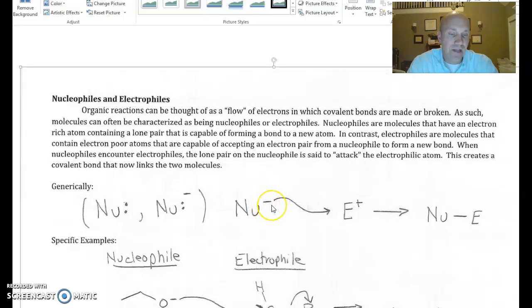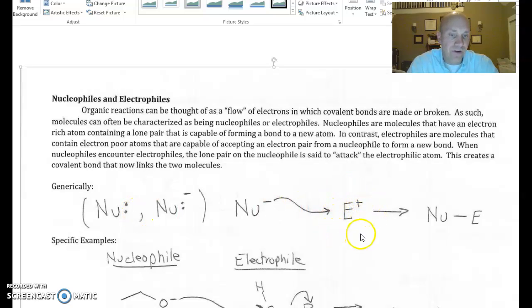The negative charge is going to represent an electron pair. An alternative way of doing this would be to show the nucleophile as if it were neutral, but showing an electron pair, or to show that negative charge and also show an electron pair. These would all three be acceptable ways to generically represent a nucleophile.